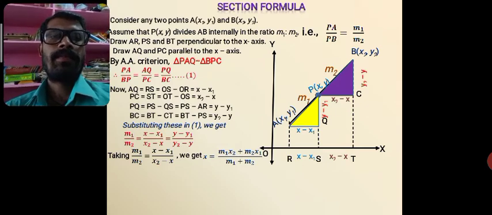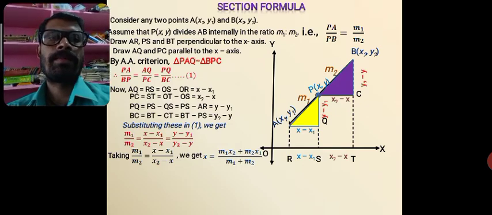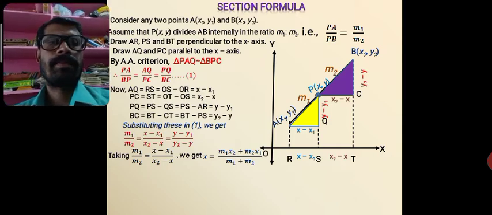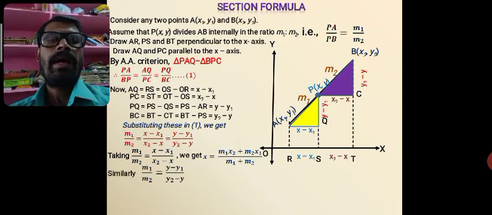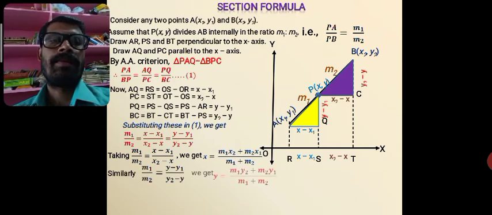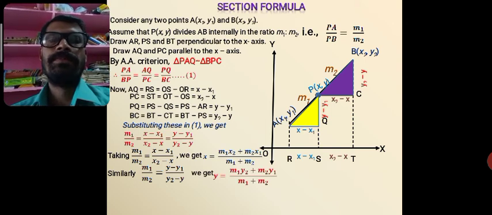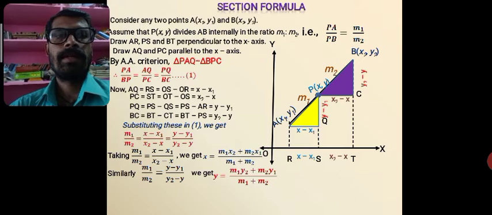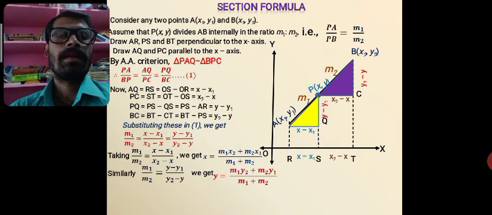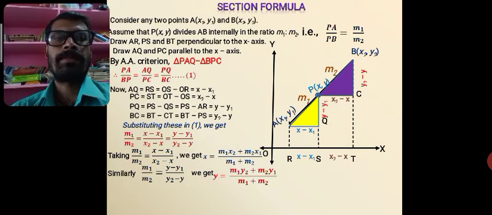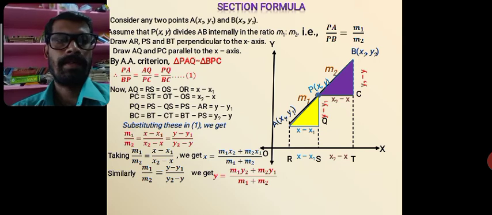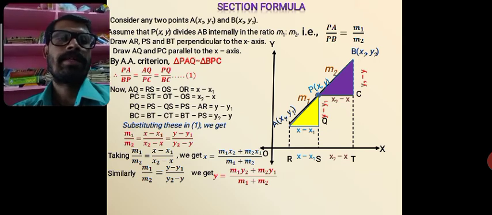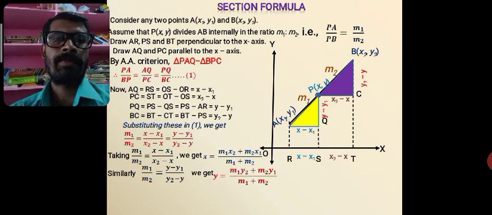Similarly, if we take m1 by m2 is equal to y minus y1 by y2 minus y, and solve, we get y is equal to m1 into y2 plus m2 into y1 by m1 plus m2. So these two are the solutions for the points x and y.